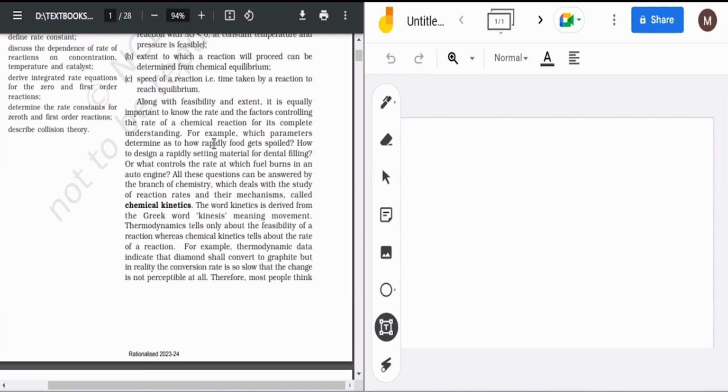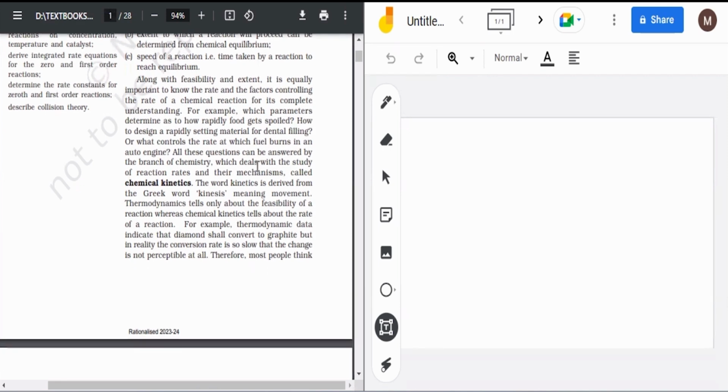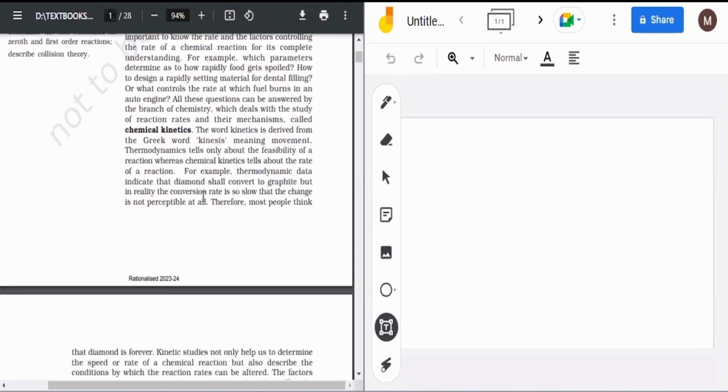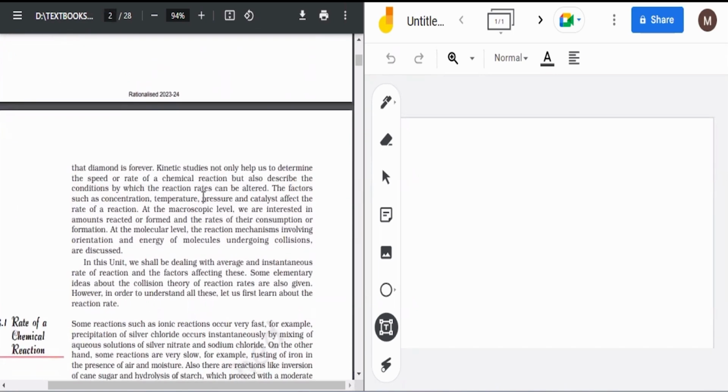For example, how rapidly food gets spoiled, and how rapidly fuel burns in an auto engine, etc. It means basically the speed of the reaction. It is there in the name itself, chemical kinetics. Kinetics is a Greek word which means speed. So that is what is studied here.